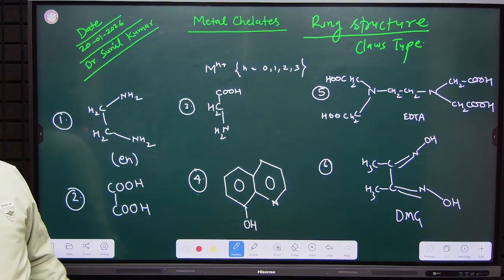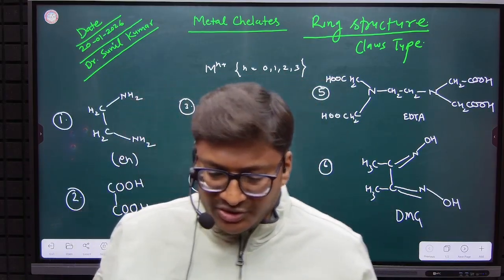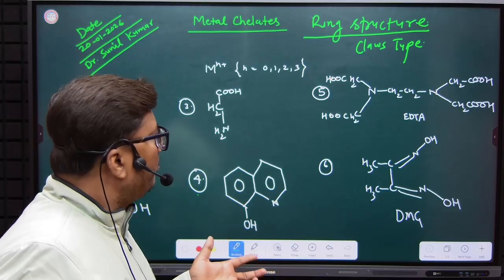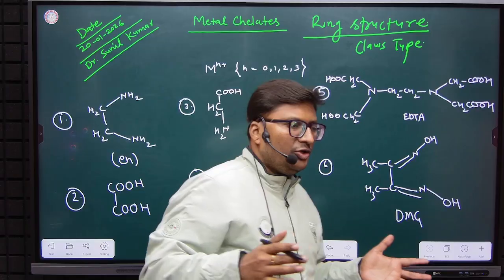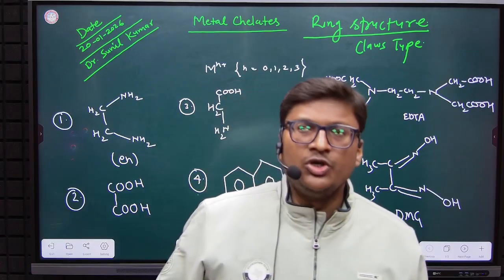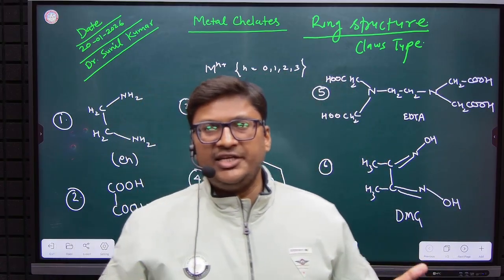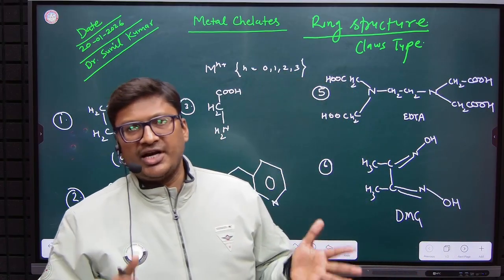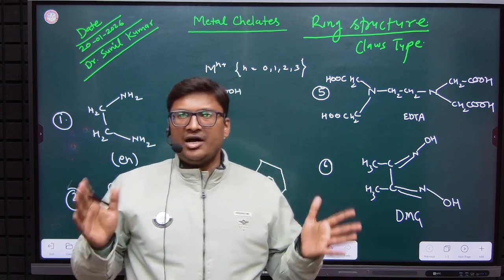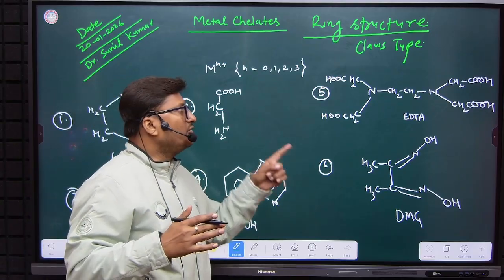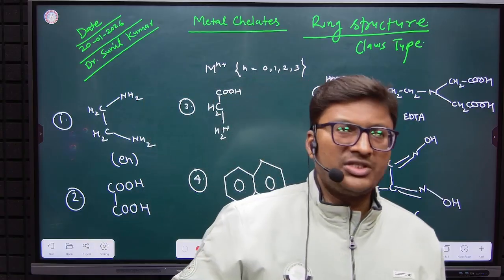Once the coordination compound forms, it has a ring structure, and the ring structure forms because of the availability of more than two donor centers. Ligands having more than two donor centers can simultaneously bind a particular metal cation to form a ring-like structure around the metal cation, known as metal chelates. So this is a special type of coordination compound.